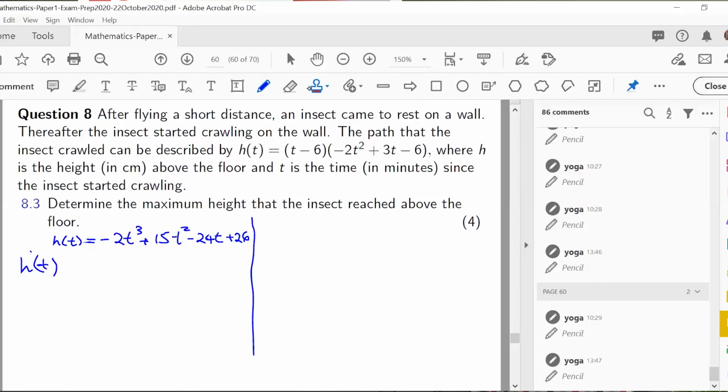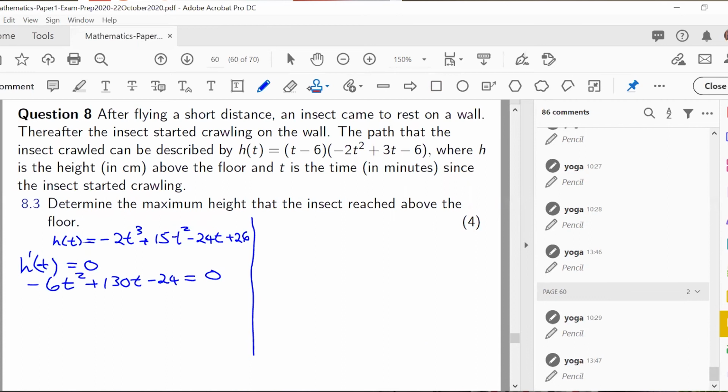Now we know that the maximum, let me change the color to blue, the maximum is reached when the derivative is 0, which means minus 6t squared plus 30t minus 24 is 0.